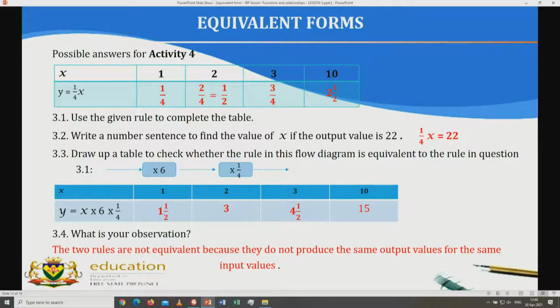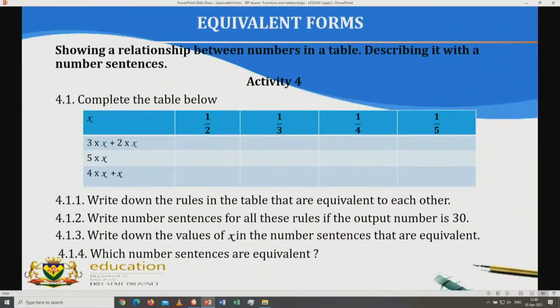In this instance, the two diagrams have the same input values, but they have different output values, meaning the two rules, y equals a quarter x and y equals x multiplied by 6 multiplied by a quarter, are not equivalent because they do not produce the same output values for the same input values.